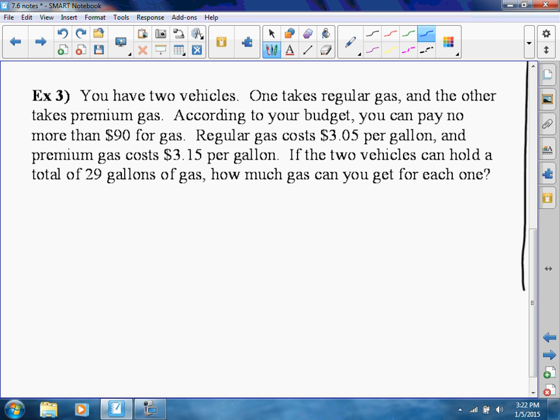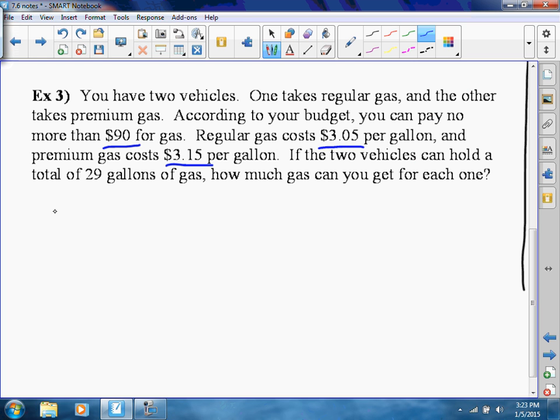Okay. So again, we've seen these word problems the whole chapter now. Remember, in this case, we have a money equation and then we have a thing equation. Okay. So we definitely have some money here. We have 3.05, we have 3.15, we have 90. Okay, so there's our money stuff.